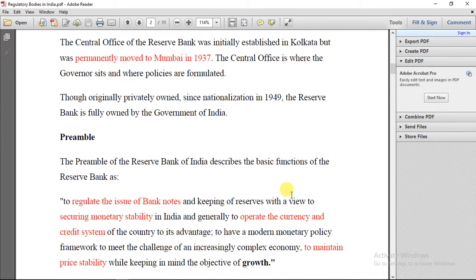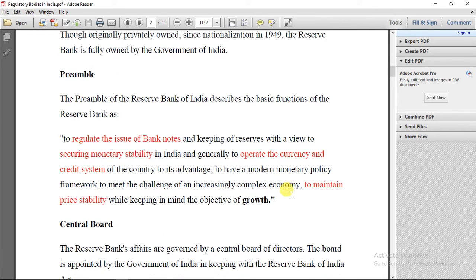Though originally privately owned, since nationalization in the year 1949, the Reserve Bank is fully owned by the Government of India. Now, preamble.